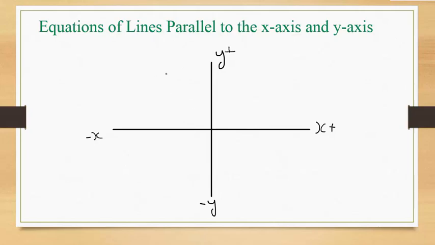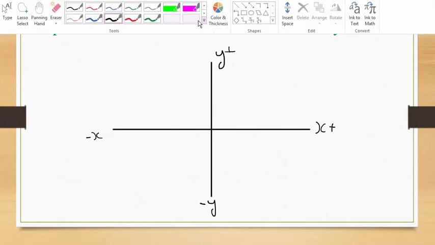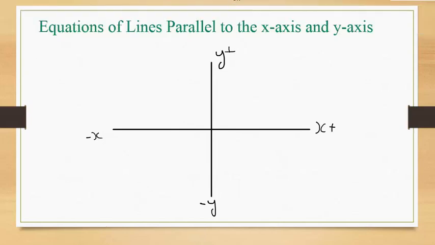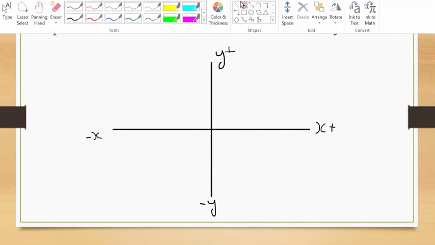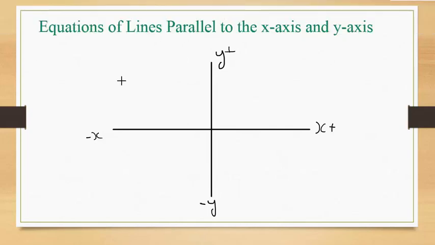Now, what will be the equation of a line parallel to the x-axis? First of all, draw a line that is parallel to the x-axis. Suppose this is my line parallel to the x-axis and that is the point A. You know that the coordinate will be (0, A), because on the y-axis my x is 0.